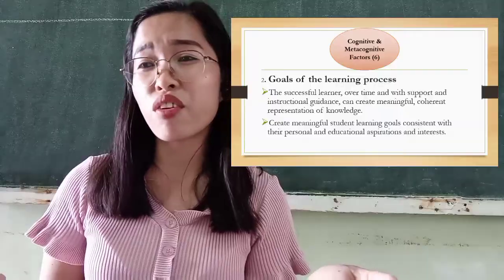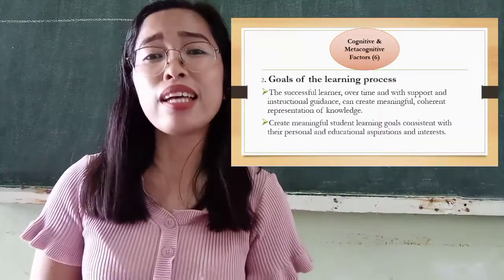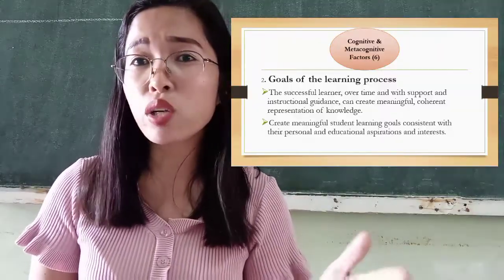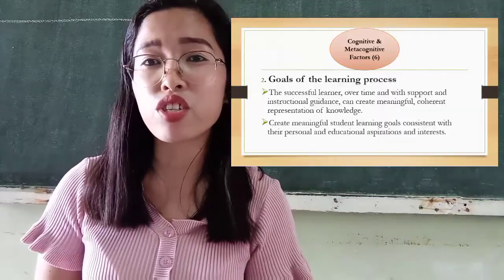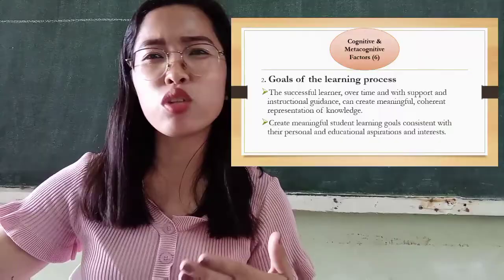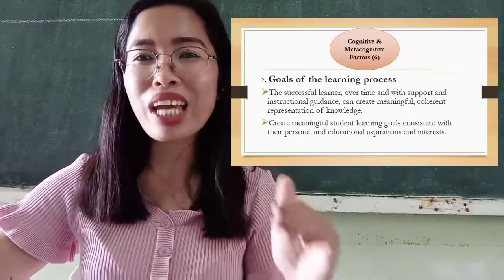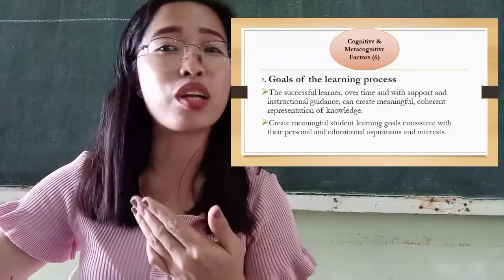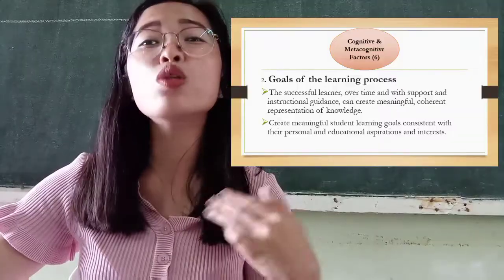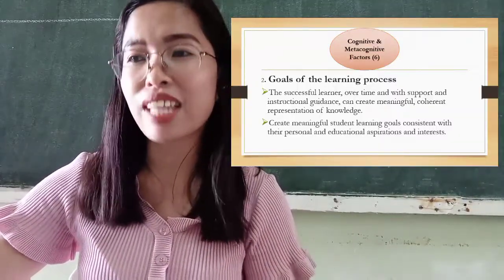Our students have different educational aspirations and interests. So let's make sure as teachers that we align our goals with the different aspirations and interests of our students. In everything we do, we need to have that what we call goal. Because if we have that goal, like the learning outcomes I shared at the beginning of this video, we will be guided on what we should do and achieve in that particular task.